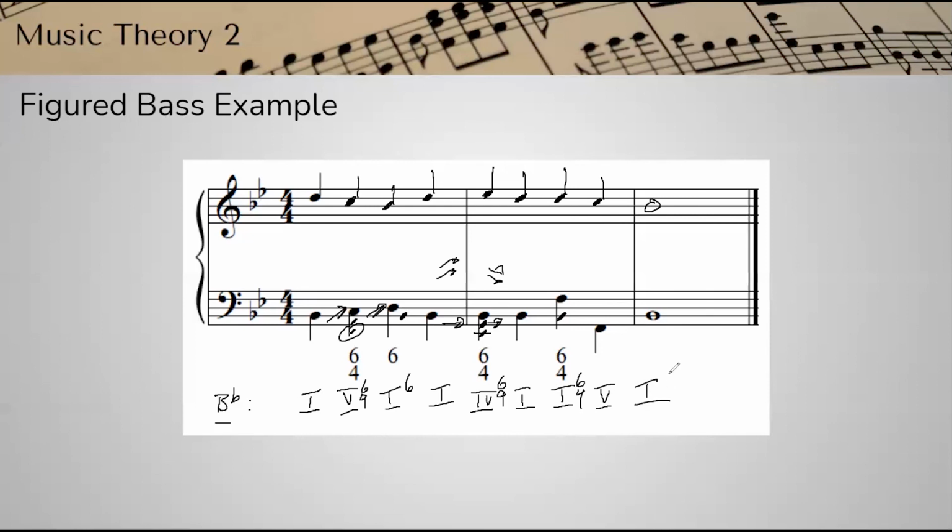Okay, there you go. I didn't even really think about shape too much. I guess I did, but I really thought about how these 6/4 chords work. I thought about the fact that we have a passing 6/4 chord here, and so I wrote my soprano line to have contrary motion to take advantage of that.